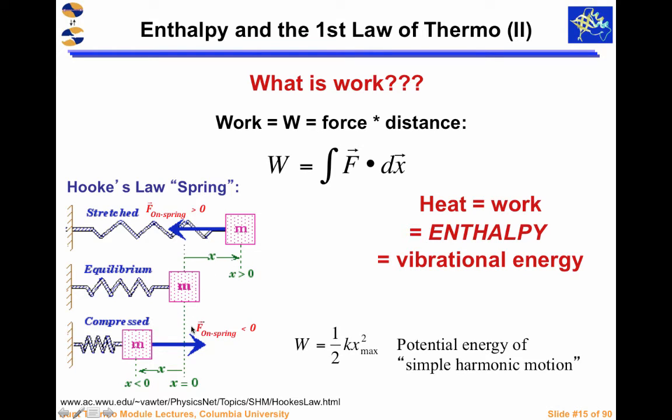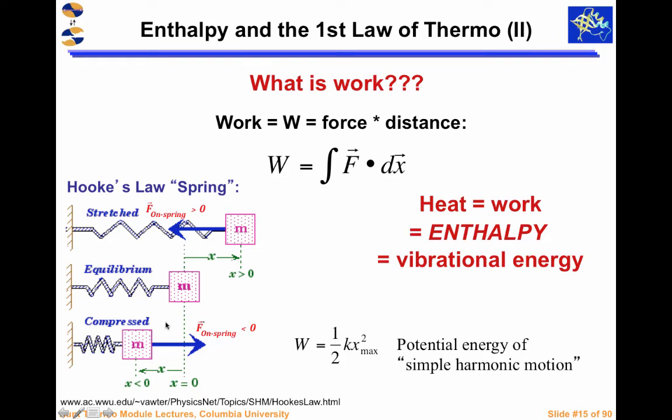To extend the spring to this position, we have to exert a positively directed force to hold it there. If we compress the spring to this position, we need a negatively directed force on the spring in order to hold it here and keep the energy stored within the spring from pushing the mass back.